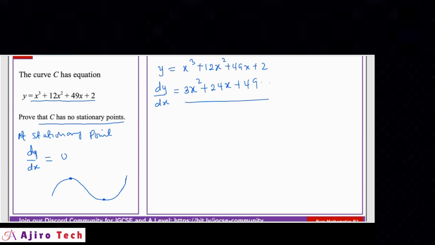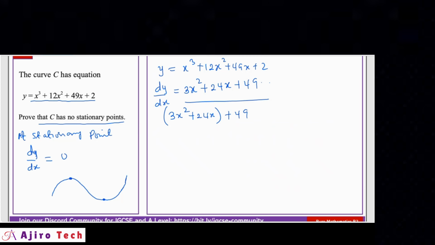I have my reason for saying that, because we want to show that there will always be a value, no matter the value of x you plug in here. Let's try to write this in completed square form: 3x squared plus 24x plus 49.